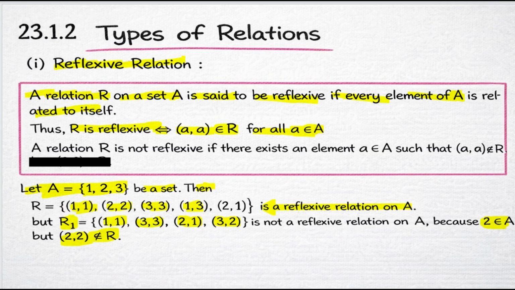Therefore, the relation R1 is not reflexive. A relation R is not reflexive if there exists an element a in the set A such that the ordered pair (a, a) does not belong to R. That's why R1 is not a reflexive relation.